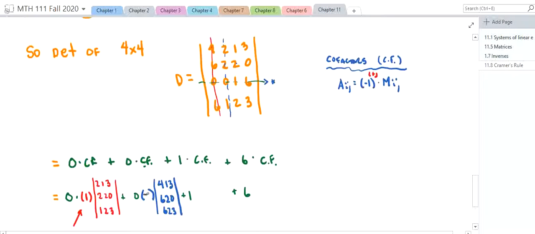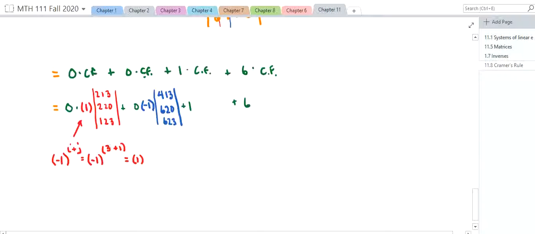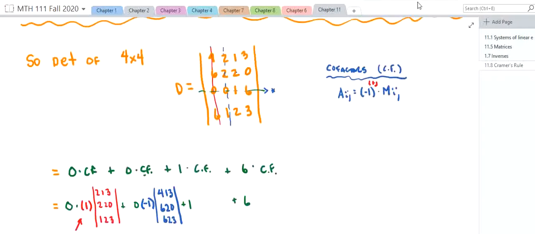And this is going to end up being minus 1 because it's third row, second column, and minus 1 raised to the 3 plus 2 is minus 1 to the 5. Okay.